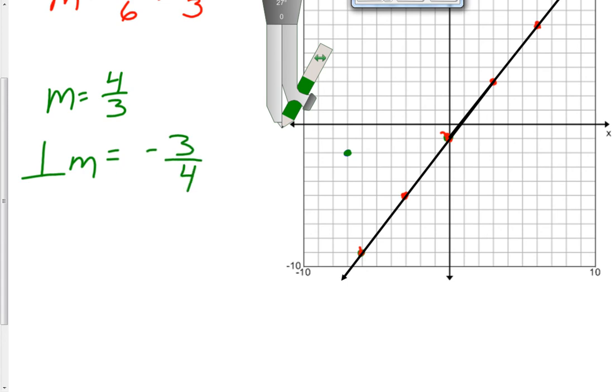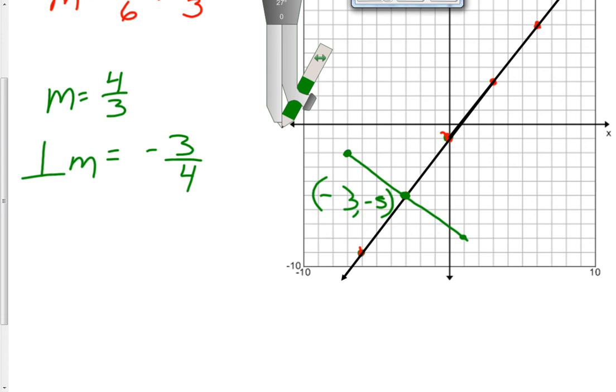So from this point, -7, -2, I could do a slope of down 3, over 4. Down 1, 2, 3, over 1, 2, 3, 4. So this is the perpendicular line, and as you can see, it still intersects at -3, -5. So that's how you could do this algebraically as well.